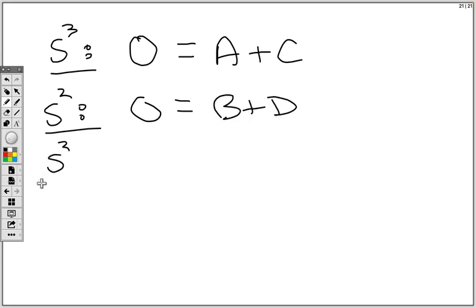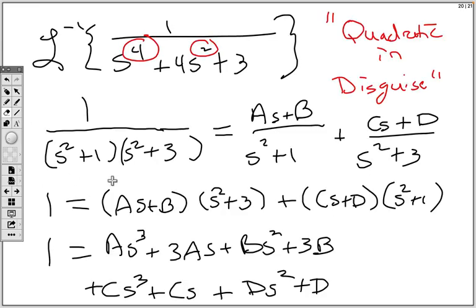And now for s's, got no s's on the left. What do we get for s's on the right? Yeah, 3a plus c.